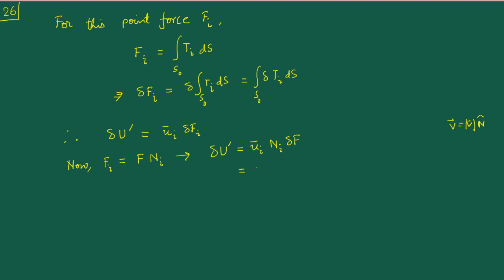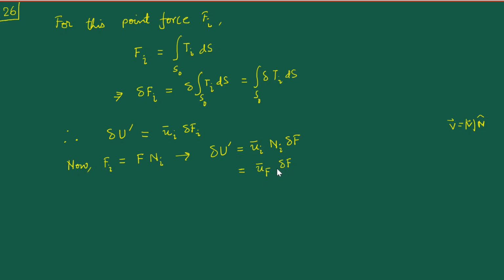I repeat, if I write the result like this, it basically means that we have taken the component of this ui bar vector along the direction of this unit vector. But what is the direction of this unit vector? It is nothing but the direction of this point force itself, because that is what it is depicting, which means ultimately what we have written here is the component of the displacement vector at a certain point within S naught in the direction of the applied force that is acting over that spot.